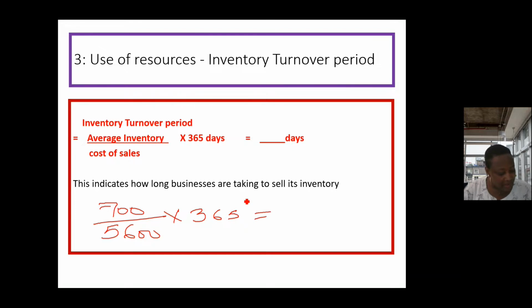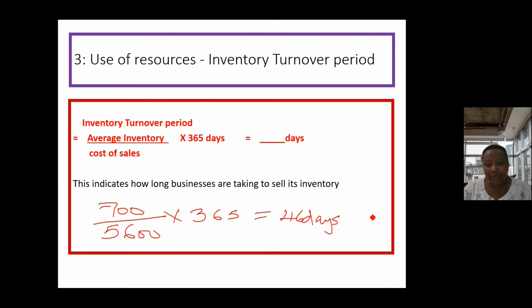And in that case, we have 46 days. So here our inventory turnover for 2009 is 46 days.